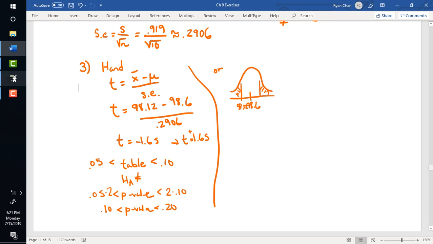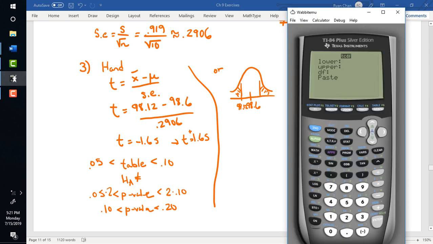So my lower is going to be negative 1E99. My upper is 98.12. My degrees of freedom will be 9. Hold on, that is not right.